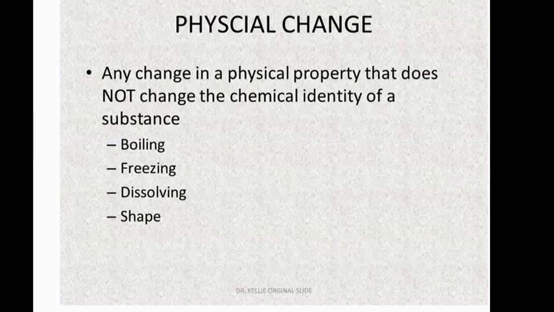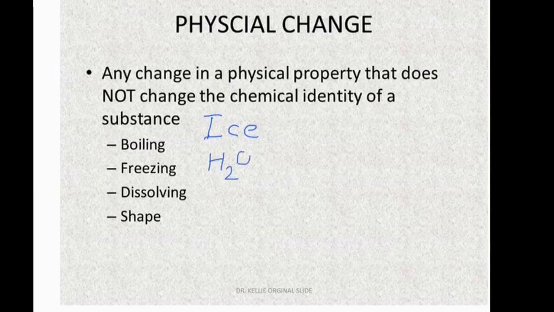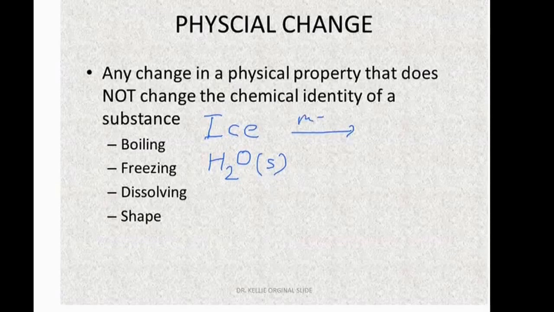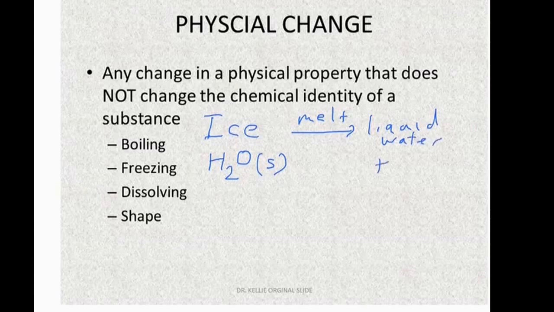Let's take a simple one. Let's take water. We have ice, which is just water, H2O, as a solid. We melt it, and we get liquid water, but liquid water, just like solid water, is still H2O.